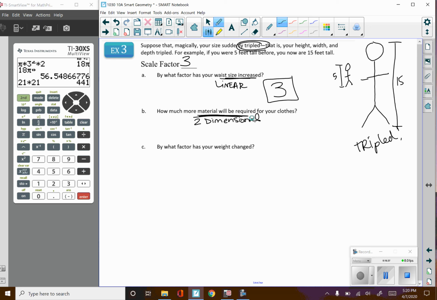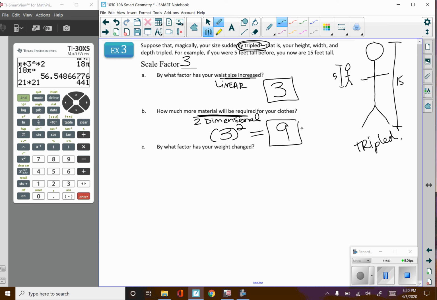Clothing is three-dimensional, but it's constructed from two-dimensional materials. So if you were talking about constructing your clothing, we're talking about a two-dimensional thing, so it's going to be the scale factor squared. So you're going to need 9 times as much material to make your clothing. Two-dimensional means use a second power.